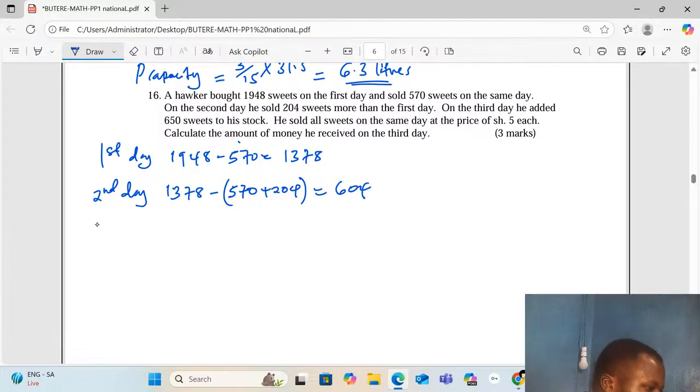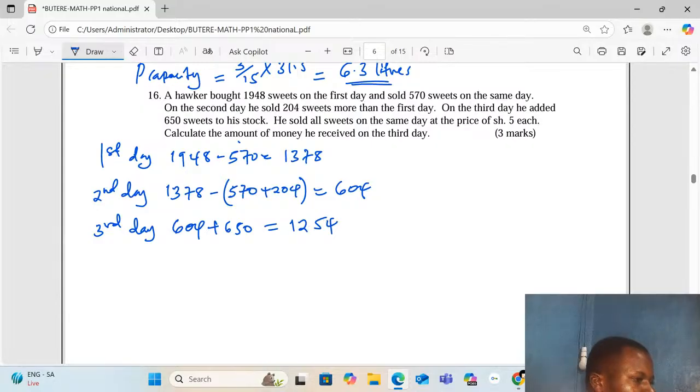Now on the third day, having remaining with 604 sweets, he added a stock of 650 sweets. Therefore, he had now on the third day 1254 sweets. Now he sold all these sweets each at 5.